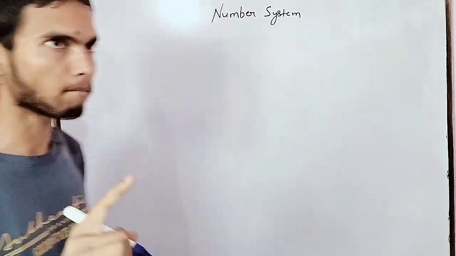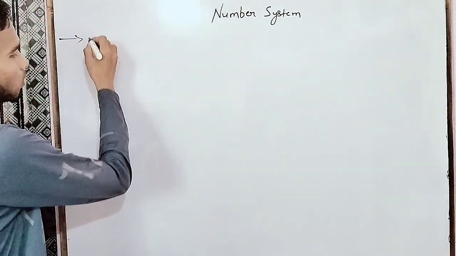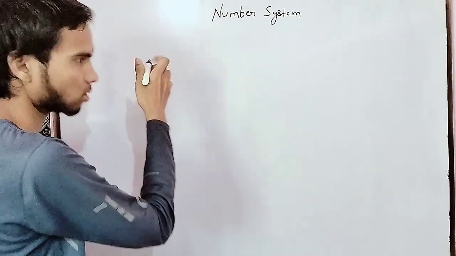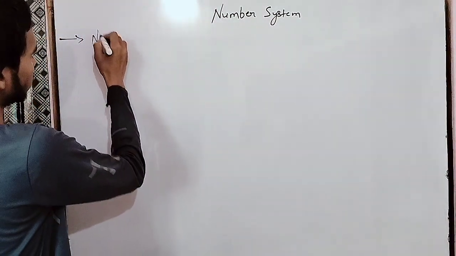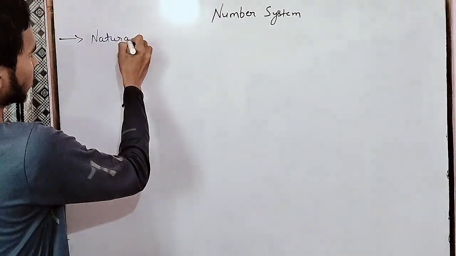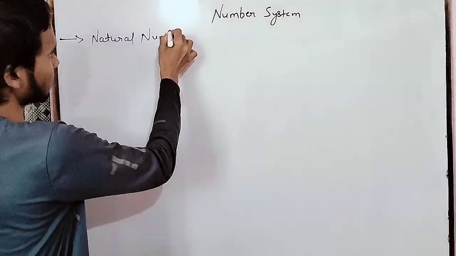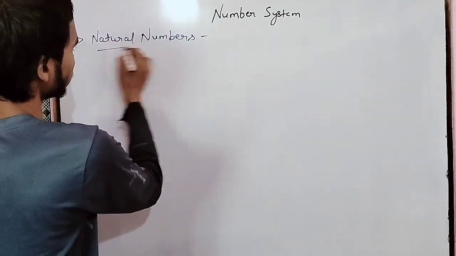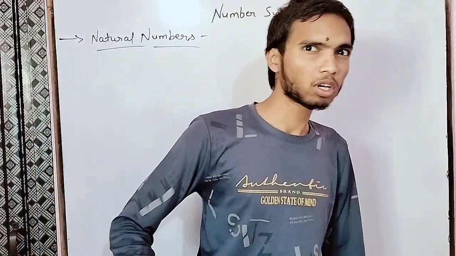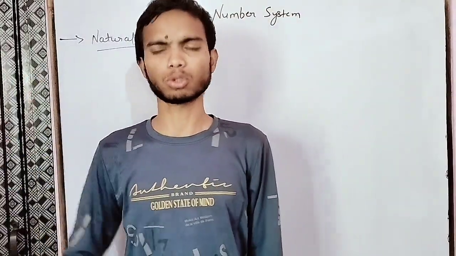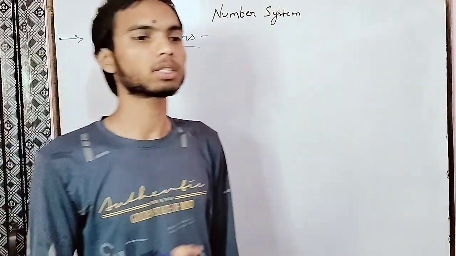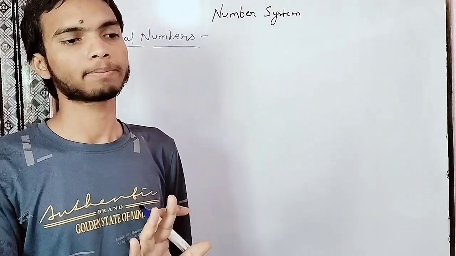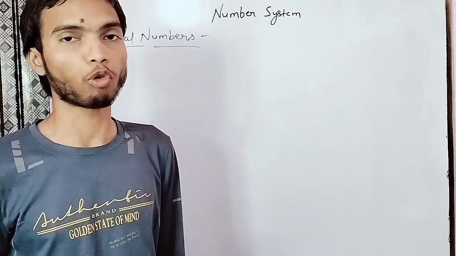First is natural numbers. Natural numbers are those numbers which start from 1, not from 0.